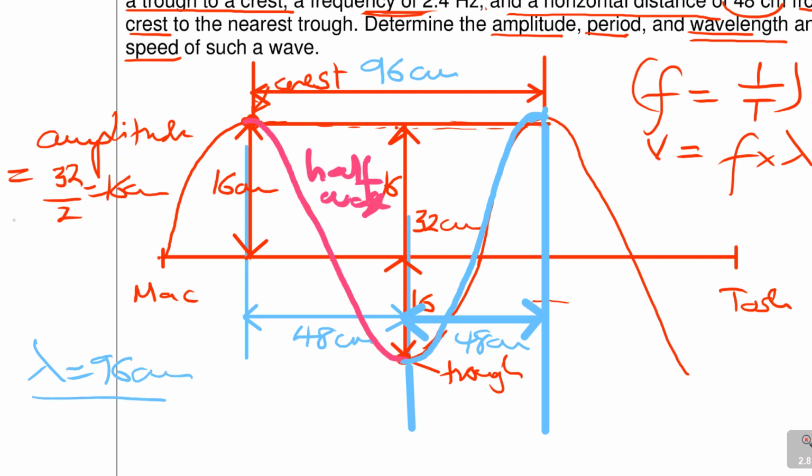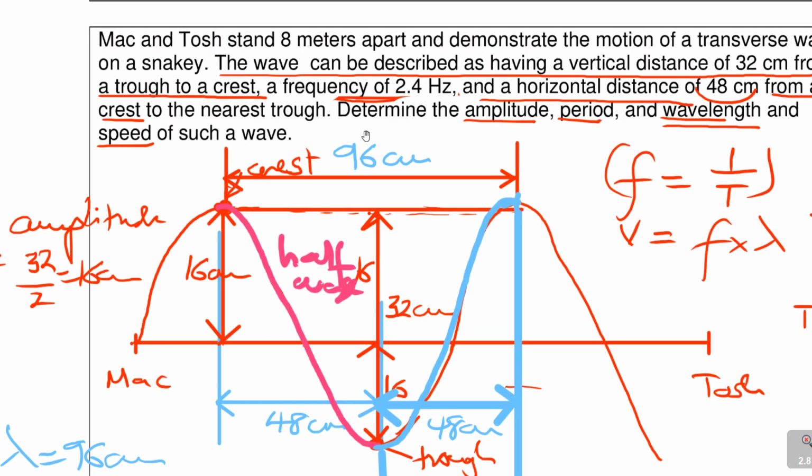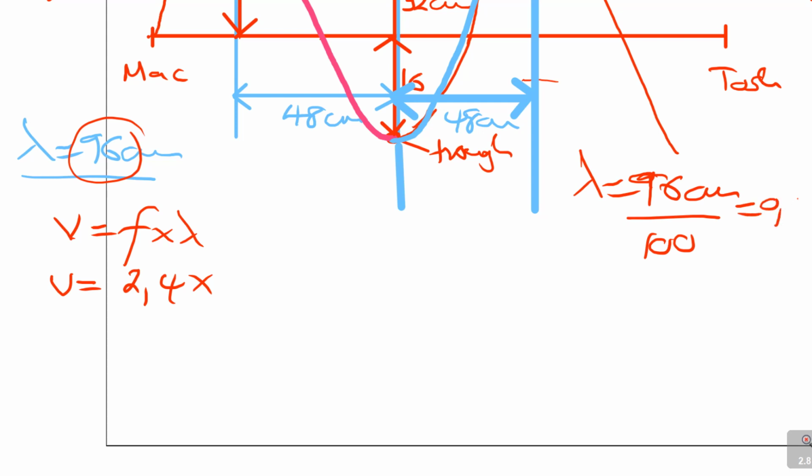Now the speed of such a wave, you follow the formula V is F times lambda. F is 2,4, they gave us 2,4 here. But lambda, the wavelength, don't use 96 centimeters. Just first convert. When you're converting centimeters to meters, divide by 100, which is 0,96 meters.